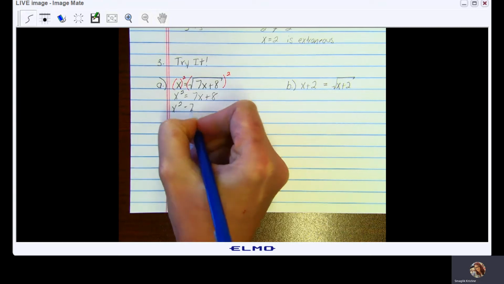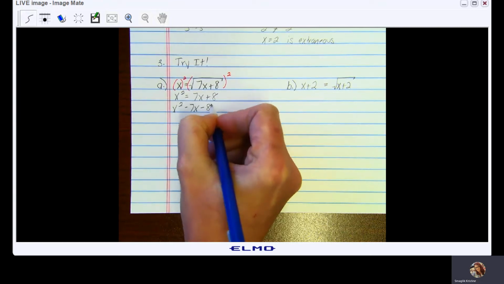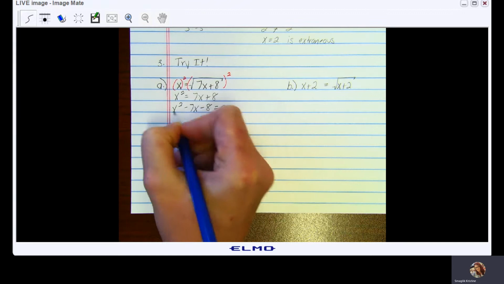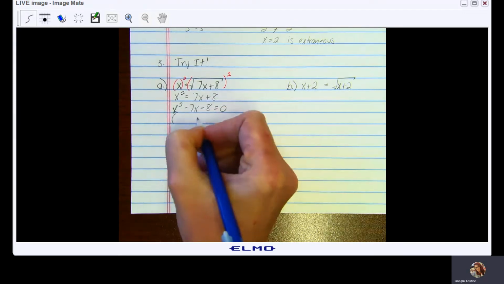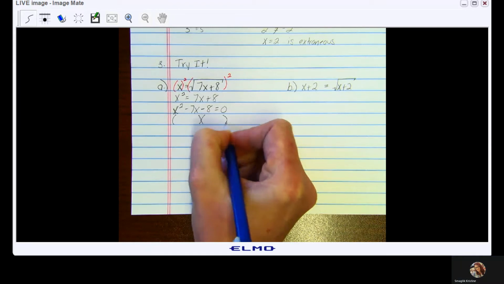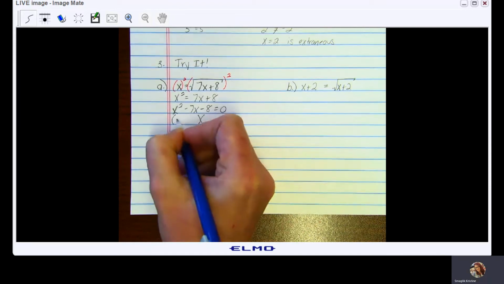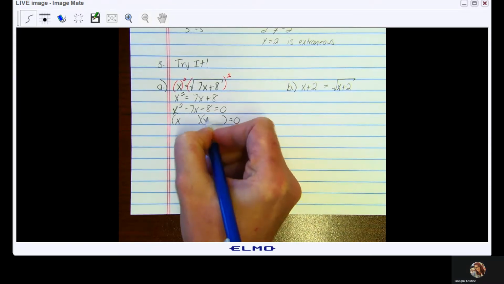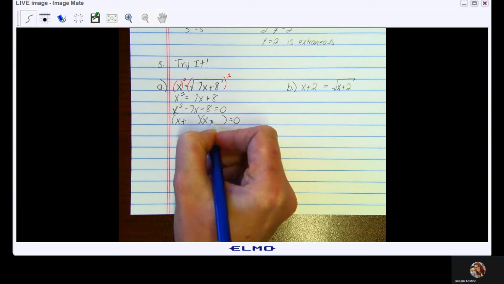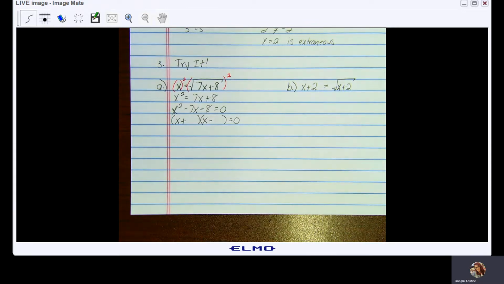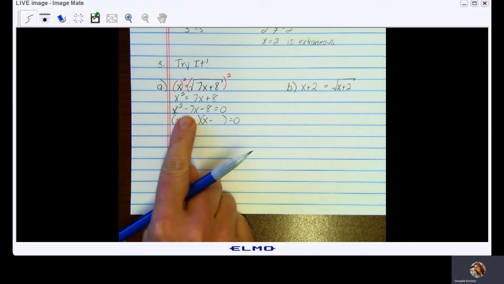I get x squared equals 7x plus 8. And I'm going to subtract everything, move it over to the left. x squared minus 7x minus 8 equals 0. And now let's factor. I'm going to drop my x's in. C value is negative, signs have to be opposite. Two numbers, when I multiply them, I get negative 8, but if I add them, I get negative 7.